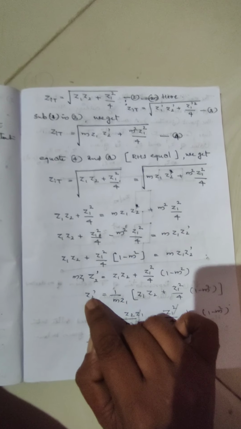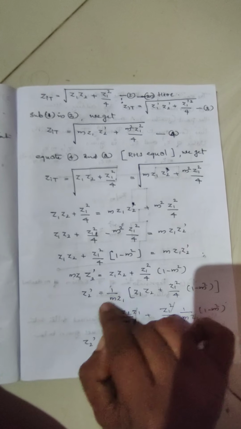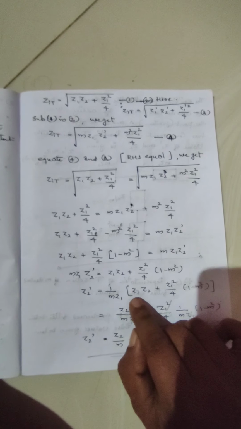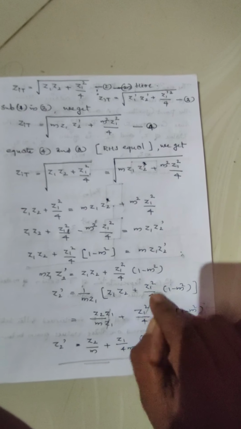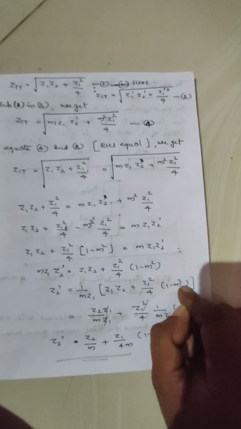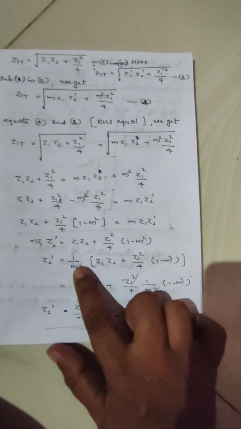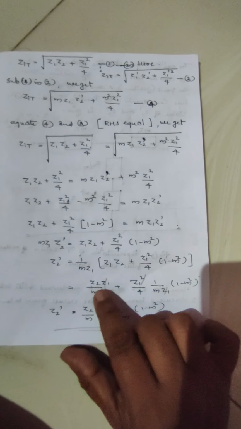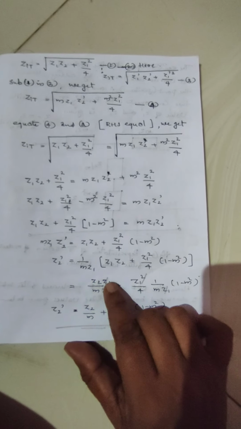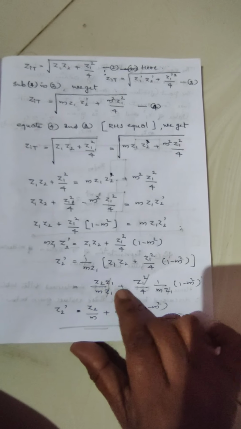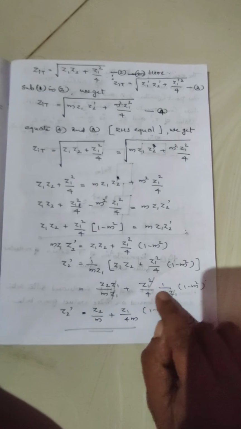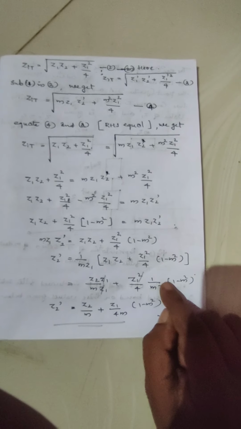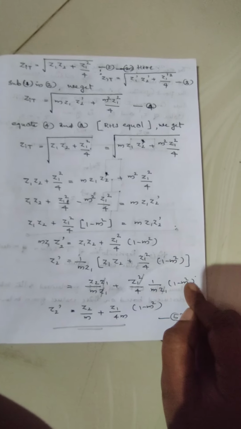So the equation becomes z2 dash is equal to 1 divided by m into z1, into z1 z2 plus z1 square by 4 into 1 minus m square. Taking it inside, m z2 z1 divided by m into z1, plus z1 square divided by 4 into 1 by m z1 into 1 minus m square.